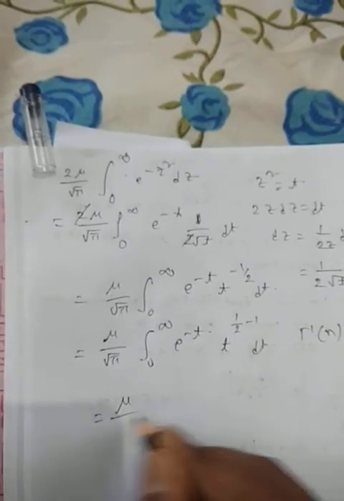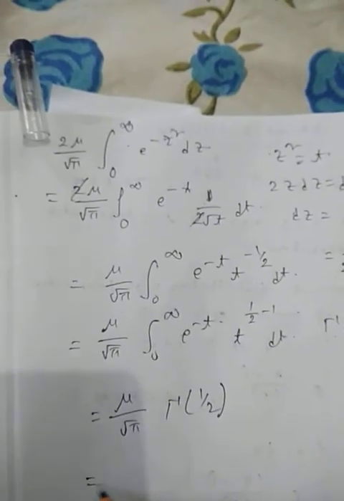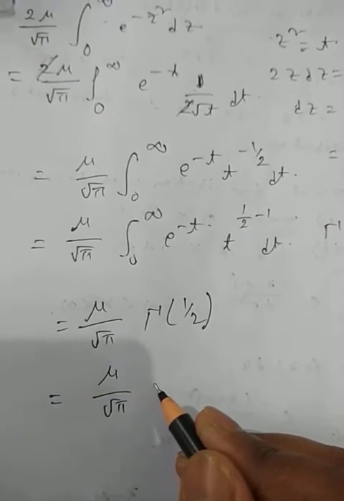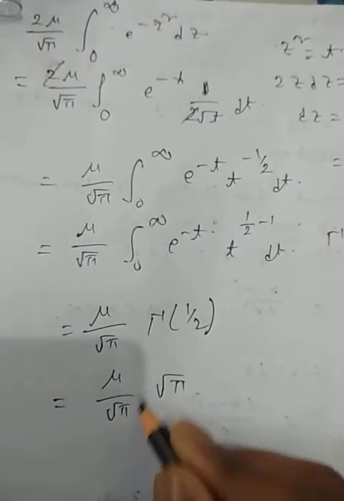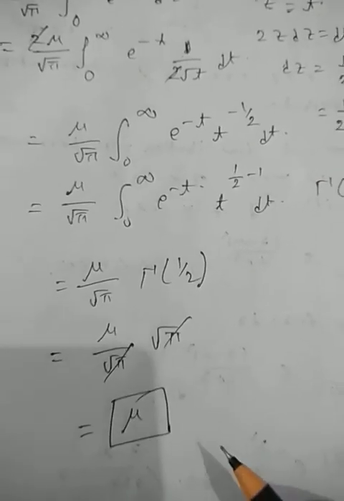So this is equal to gamma half, and the value of gamma half is root pi. We studied this in the chapter on improper integration. Root pi is cancelled out, so we get mu. So the mean of the normal distribution is mu.